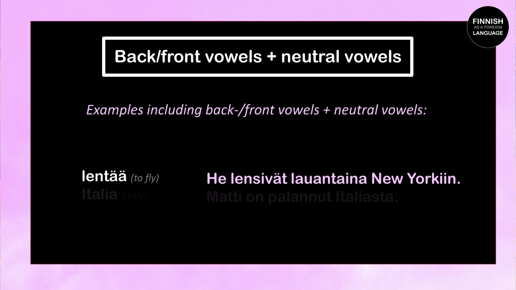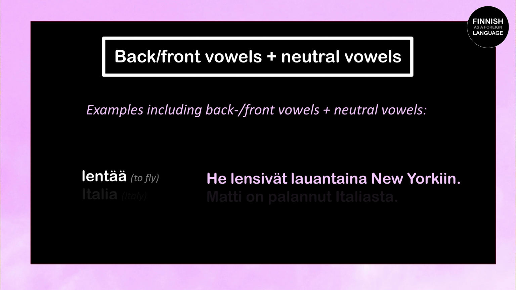He lensivät lauantaina New Yorkiin means they flew on Saturday to New York. Lensivät here is the third person plural past tense of the verb lentää, which means to fly. This verb consists of a neutral vowel plus 2 front vowels. So that is why we have to add the ending vät here.